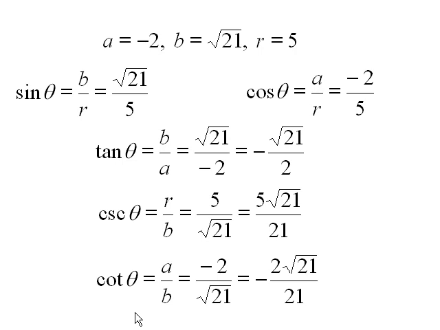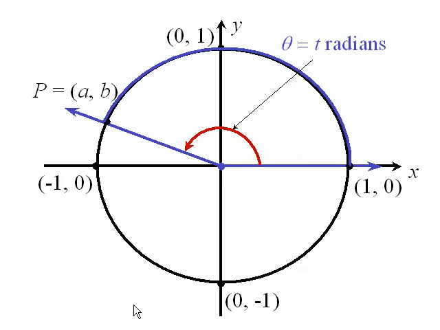Now let's think about facts about the trig functions that follow immediately, geometrically, from facts about the geometry of the unit circle. What we've got is a point that is always on the unit circle as a point on the terminal side of the angle.